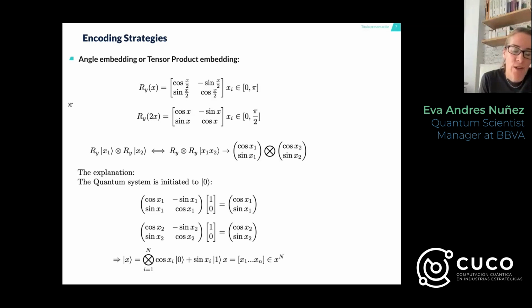This way of encoding is more efficient than the previous one because it just needs half of n qubits, where n is the number of features. So at this point, the most efficient methods for encoding are amplitude encoding and dense angle encoding because they require a lower number of qubits than the others.